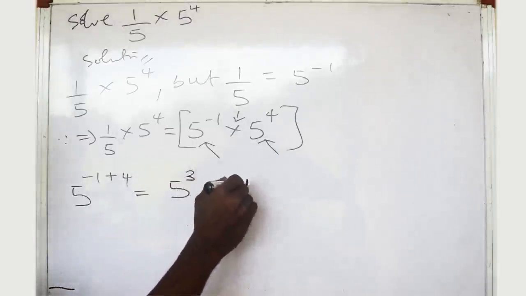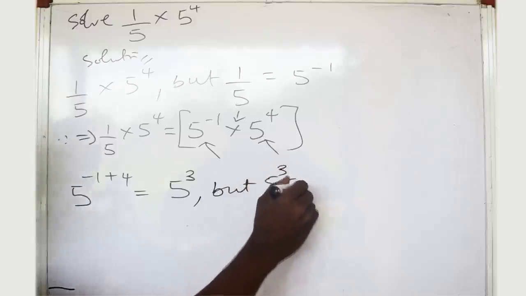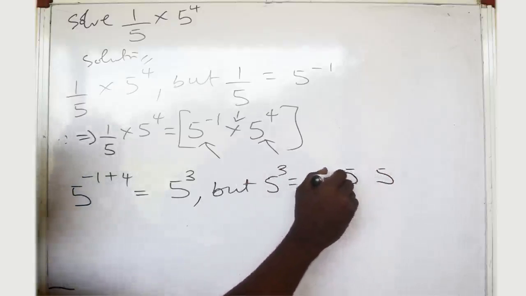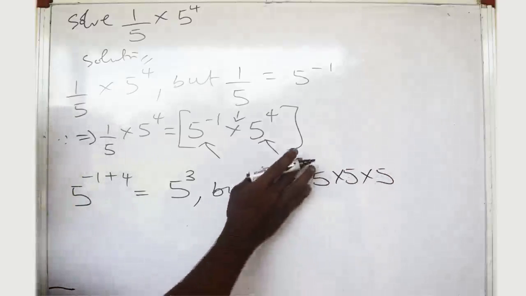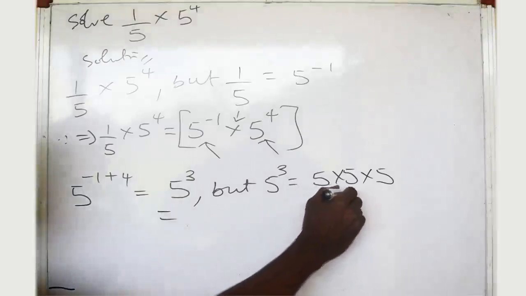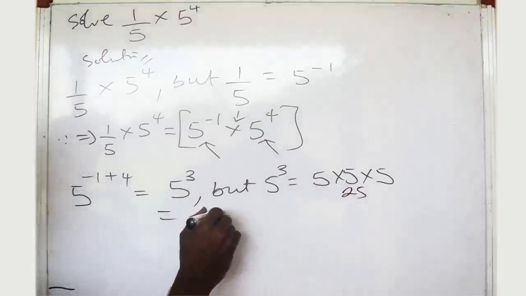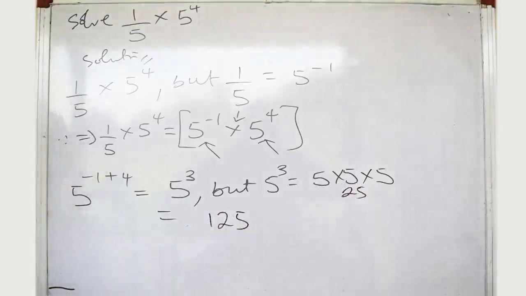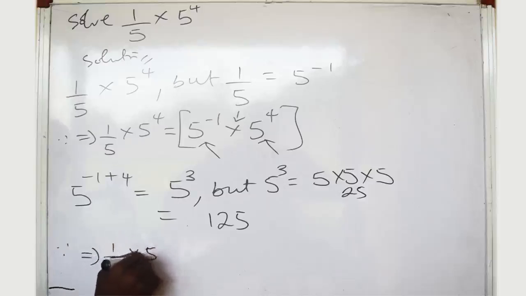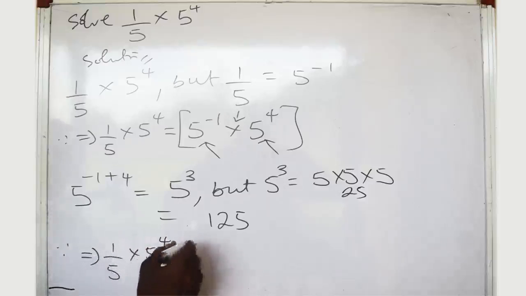But 5 raised to the power 3 means, according to the law of exponents, repeat 5 to the value of the power. The value of the power is 3. So 5 times 5 is 25, and 25 times 5 is 125. Therefore, 1 over 5 multiplied by 5 raised to the power 4 is nothing but 125.